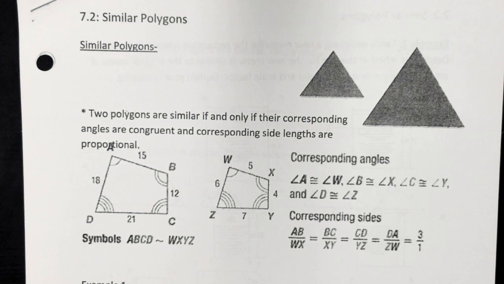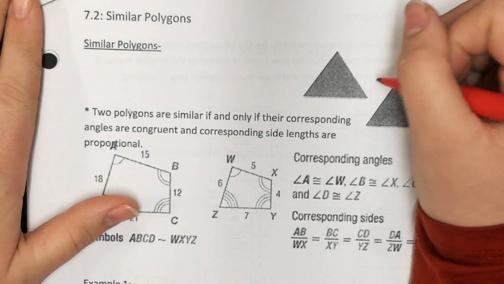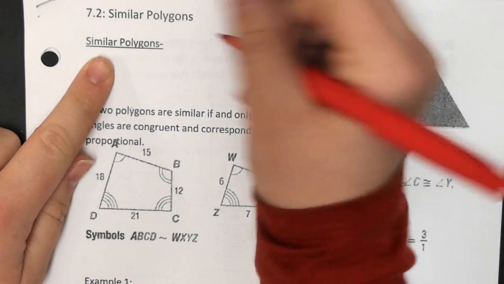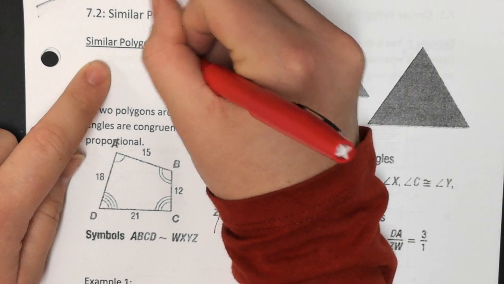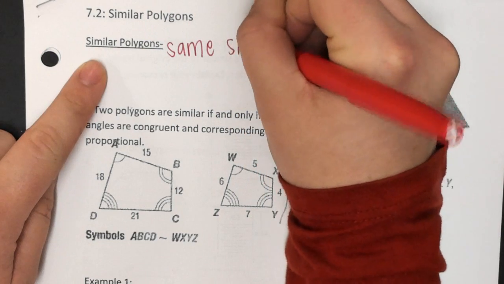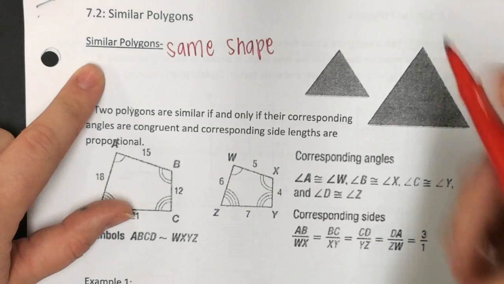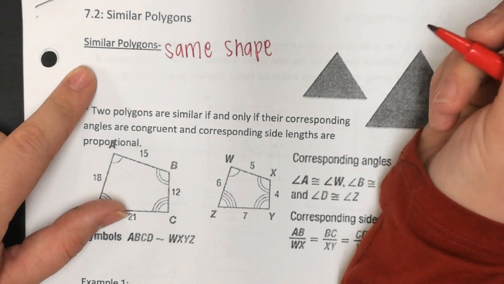Alright, so today we're going to do lesson 7.2, which is talking about similar polygons. So this is the definition for similar polygons. They have the same shape, so triangle and triangle, but they're not necessarily the same size.